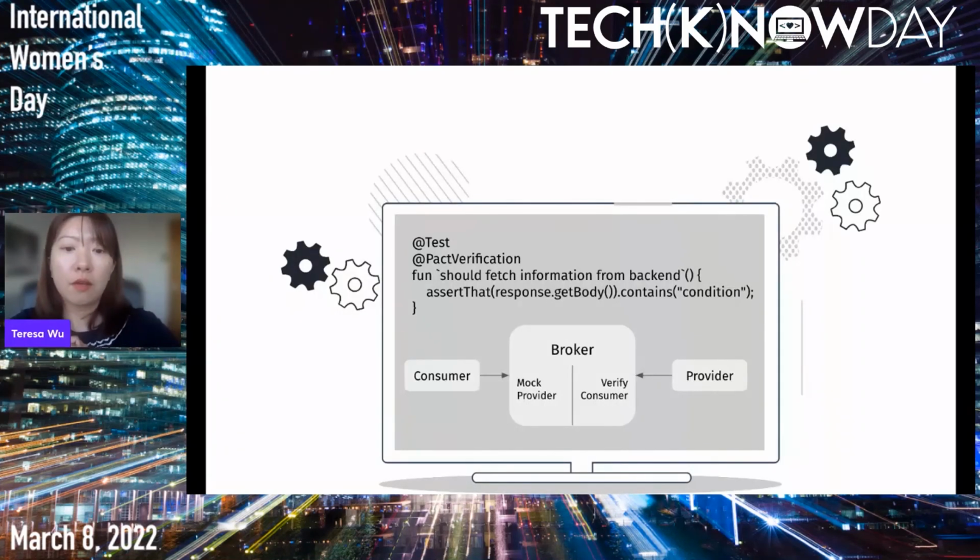A very simple example: let's say we use this framework called PACT, P-A-C-T. It's quite a well-adopted contract testing framework in the market. Both the front-end team and the back-end team use PACT. The consumer creates a unit test, which generates a PACT file and uploads it to the broker.